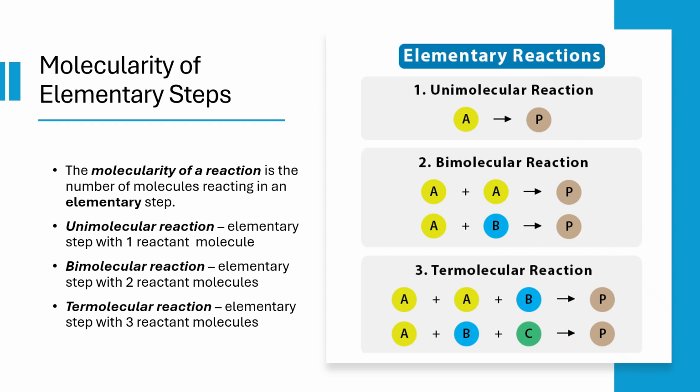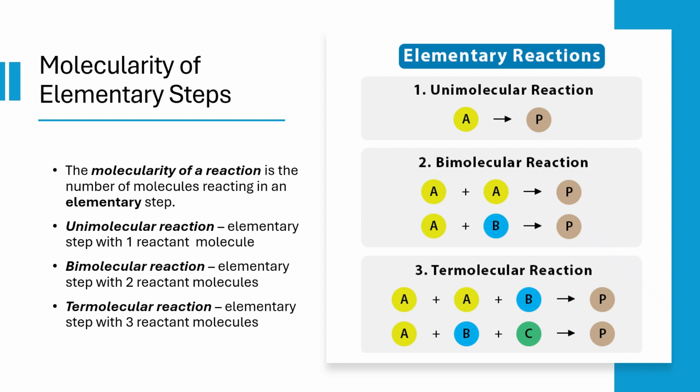Much easier to understand this if we look at a visualization. In this case, category 1 here is a unimolecular reaction. A reactant, only one, forms product. If we move on down to bimolecular reaction, we see there's two different possibilities.